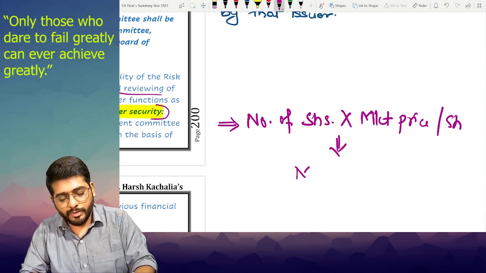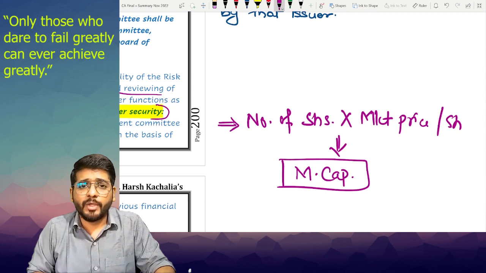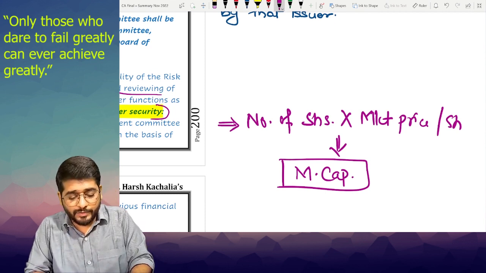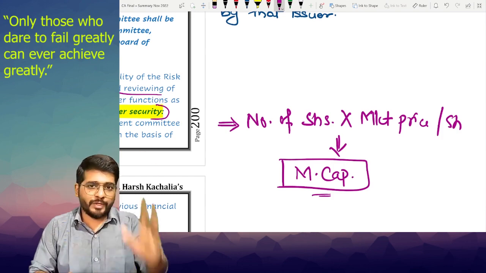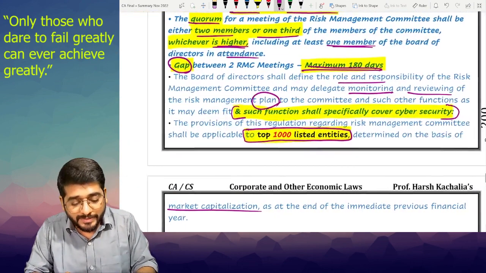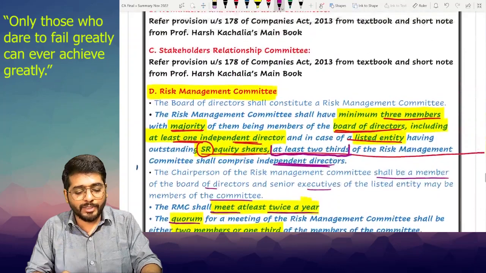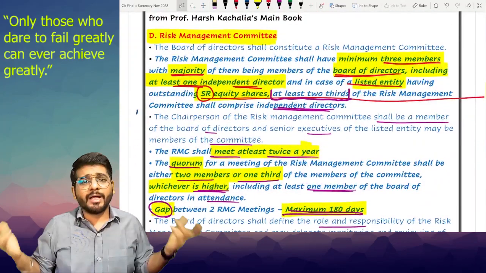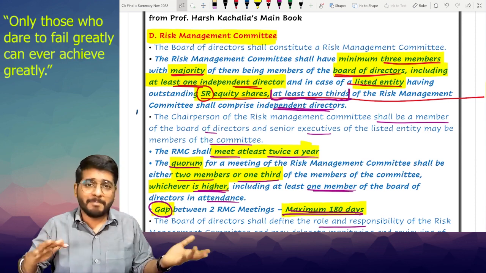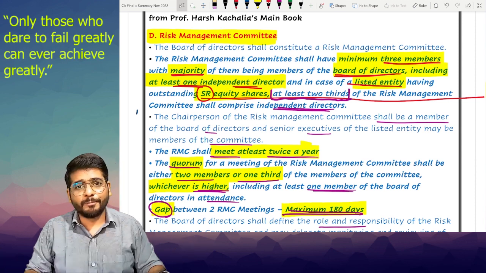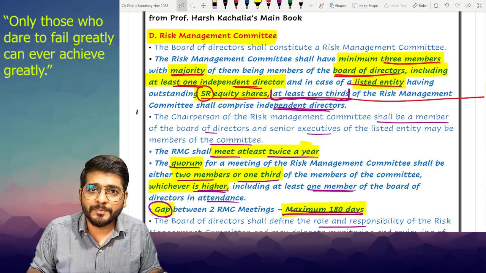This will give you the market capitalization of the company, right? So in this market capitalization, we have to check the top 1000 listed entities. The top 1000 listed entities will be compulsorily required to comply with these regulations of the RMC. Other companies may not comply with these provisions. Are we clear?